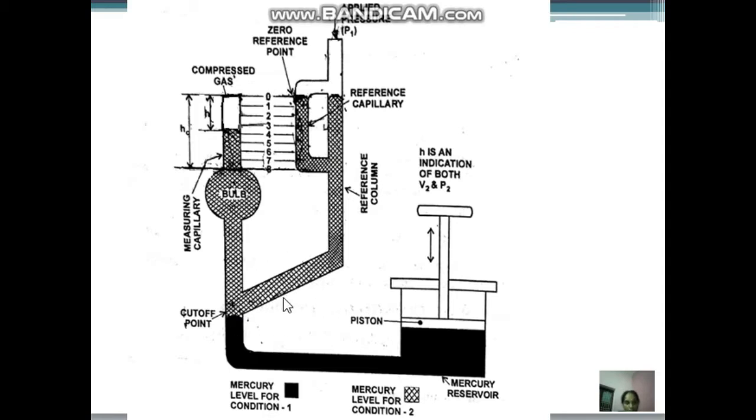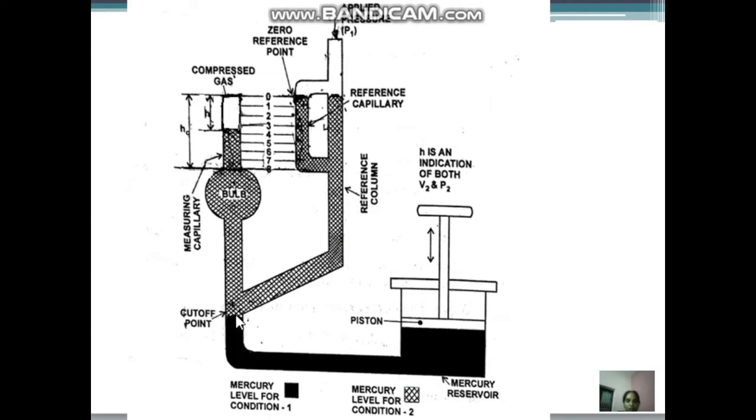Coming to the operation of this McLeod gauge, initially we send the pressure P1, the pressure to be measured, to the top of the reference column. This is case 1, condition 1. The applied pressure fills the bulb and the capillary. Now we operate the piston so that the mercury level in the gauge increases, until the mercury level reaches the cutoff point.